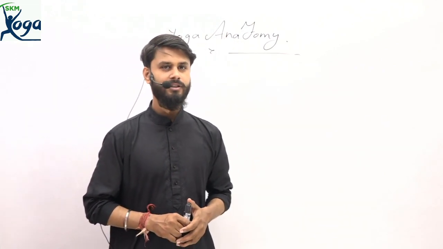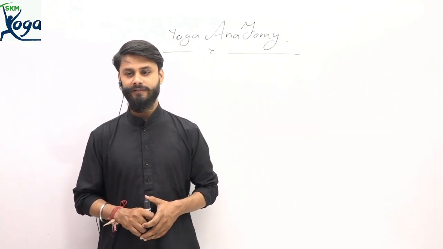If we talk about how we can segregate anatomy in yoga anatomy, we must understand the concept of Ashtanga yoga. Ashtanga basically means the 8 limbs of yoga.